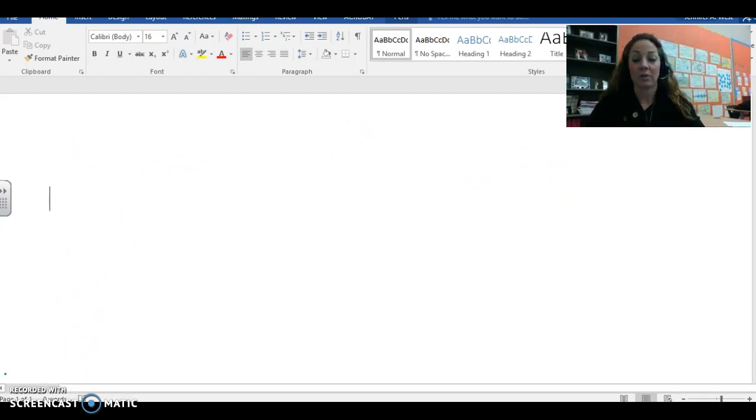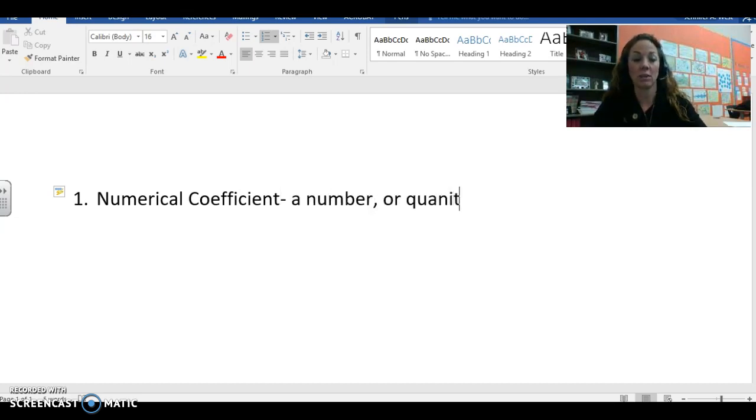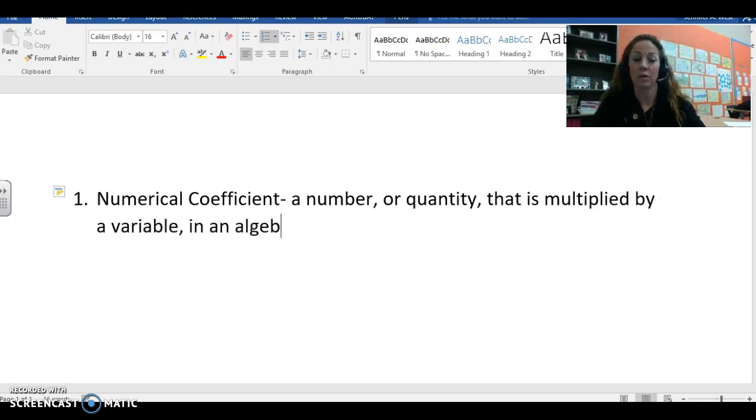In this video, you're going to have a few vocabulary words, so make sure that you get them in your notes. The first one is numerical coefficient. That is a number or quantity, because we've learned that those two words are kind of interchangeable, that is multiplied by a variable in an algebraic expression.